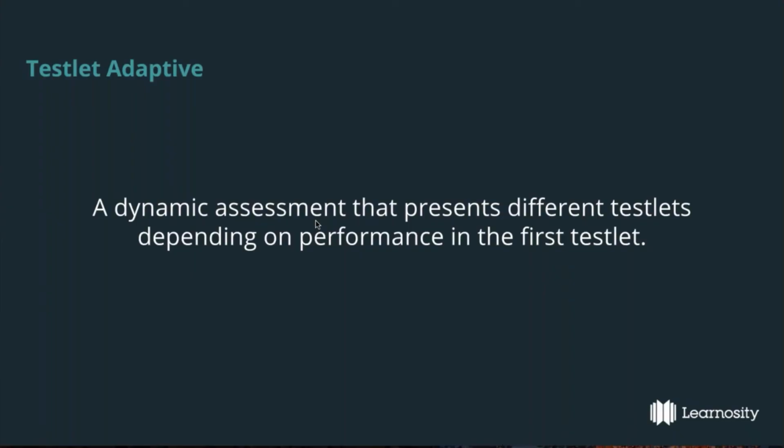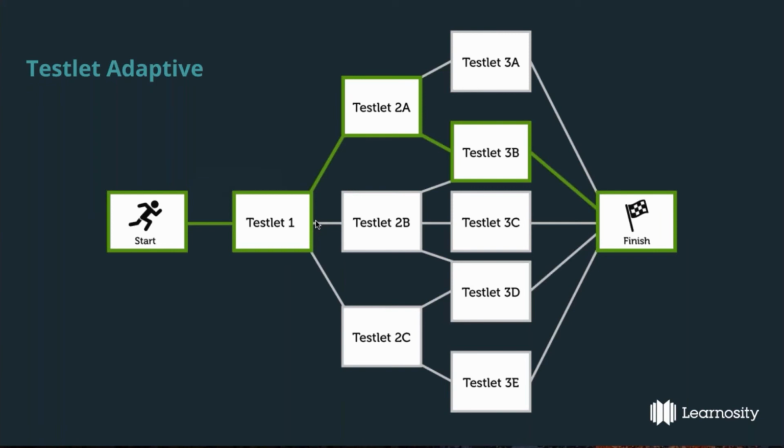item adaptive works. Now let's take that same idea of how things are selected and apply it not to a single item, but to a testlet of items. If you look at this example, each one of these testlets is a pre-created activity. They might have 3, 5, 10, 20 questions, rather than a single item at a time. You start off with a single testlet.